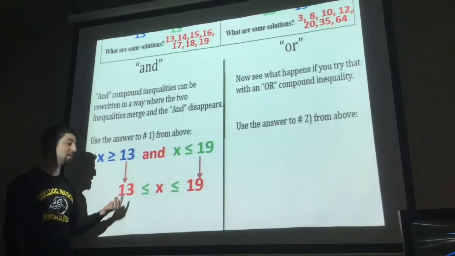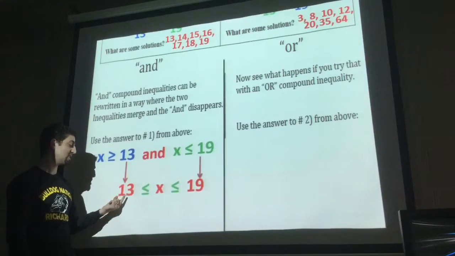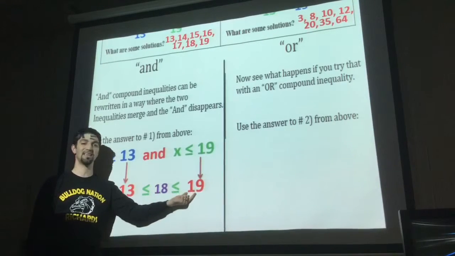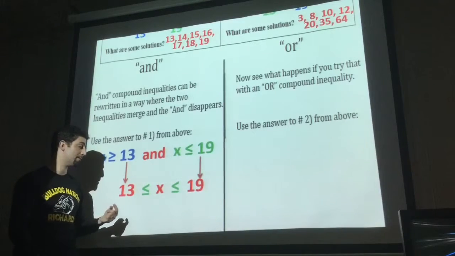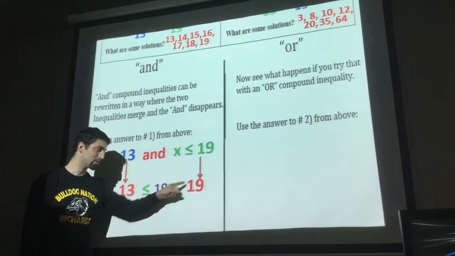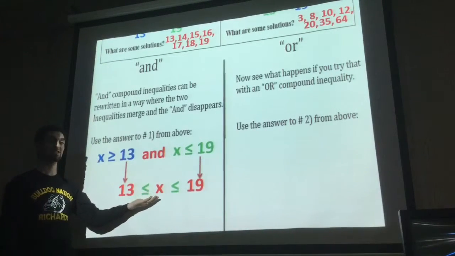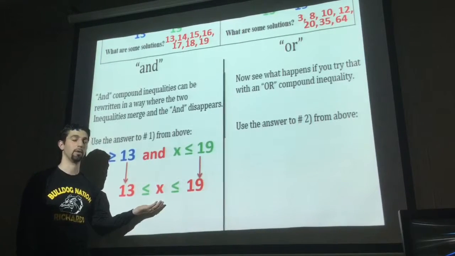So 15 works, 16 works, 17, 18. Let's see what 18 looks like. 13 is less than 18, and 18 is less than 19. Okay, now the last one was 19, and that one would still work because 13 is less than 19, and 19 is equal to 19. Any of those numbers that go in here is true. So this is another way to write your answer for number 1, okay?